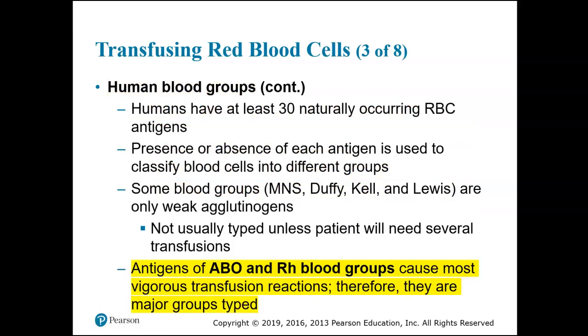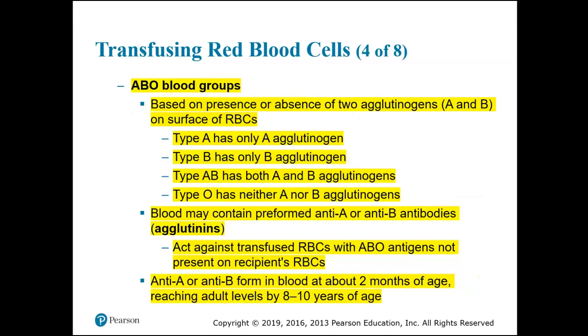There are two primary agglutinogens, A and B, and then the RH agglutinogen is usually referred to as the D. Most transfusion reactions are caused by agglutinogens from the ABO blood group and the RH blood groups, although there are others.